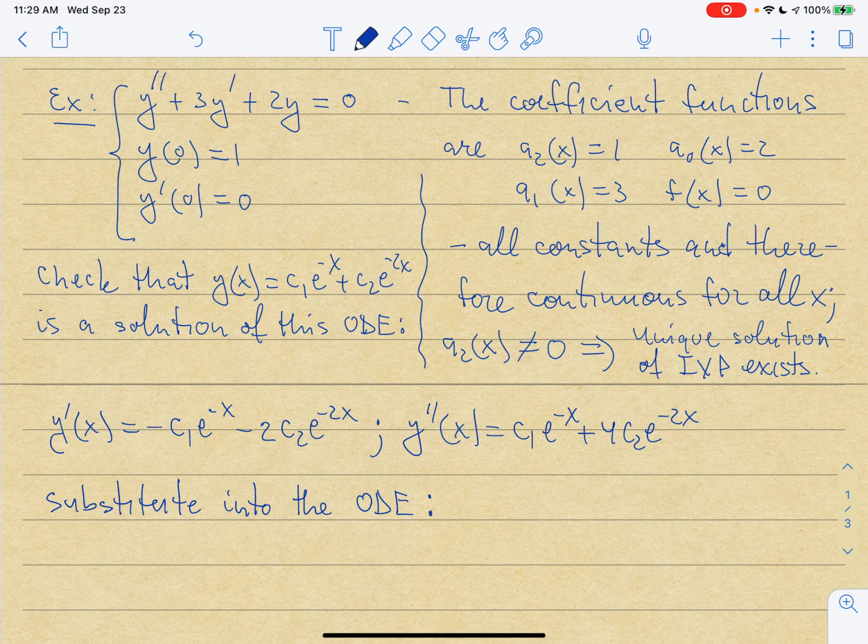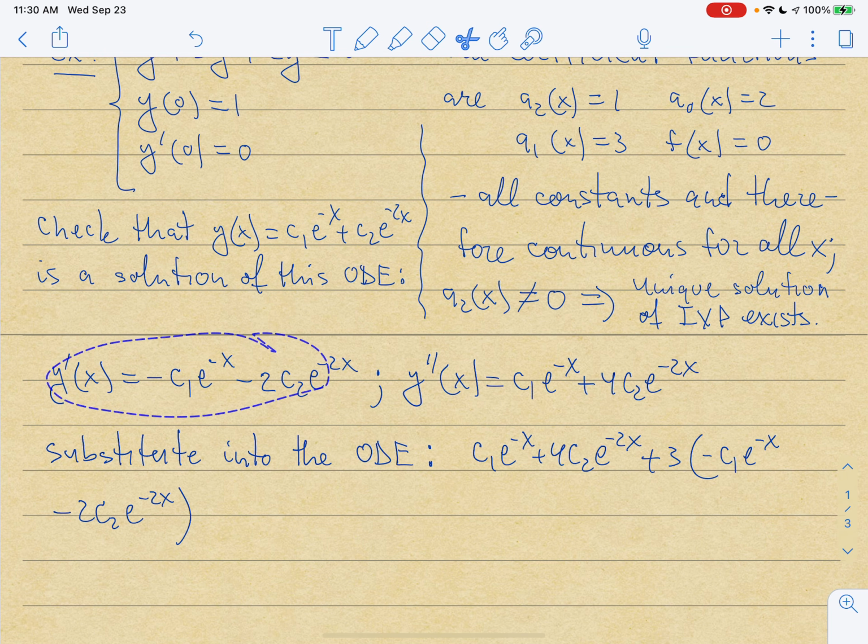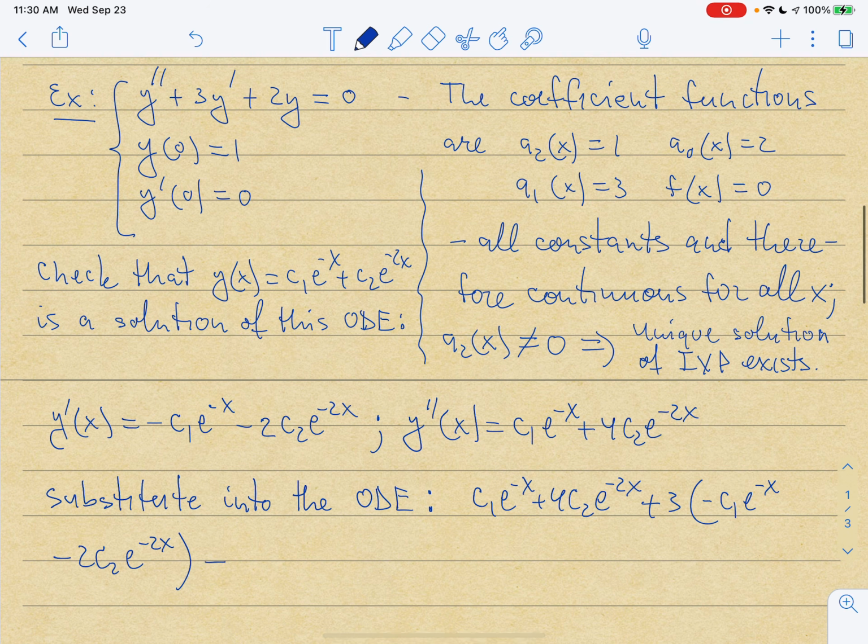So y double prime is c1 e to the minus x plus 4 c2 e to the minus 2x, plus 3y prime, so plus 3 times minus c1 e to the minus x minus 2 c2 e to the minus 2x, right? That's y prime from here. And then plus 2y, that is, 2 times c1 e to the minus x plus c2 e to the minus 2x.